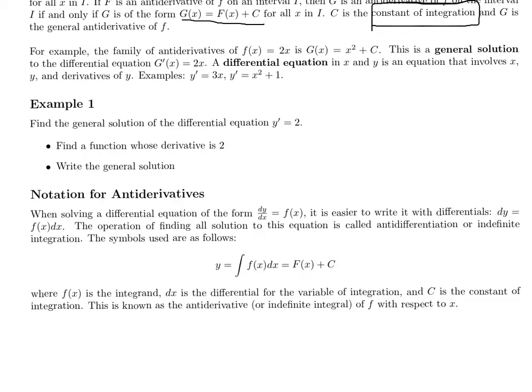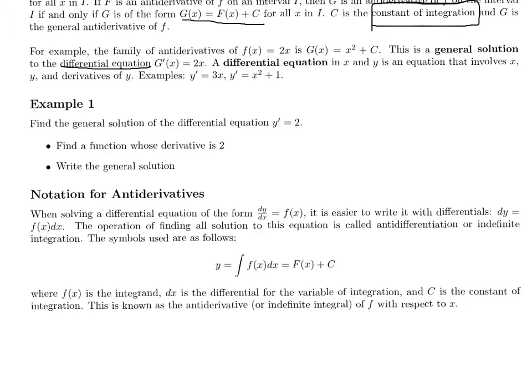The constant of integration. When we write that out, the general antiderivative is called the general solution to a differential equation. A differential equation is exactly what it sounds like. It's an equation that has derivatives in it.